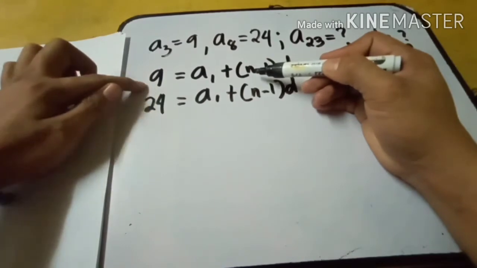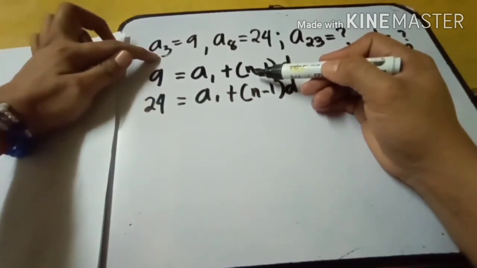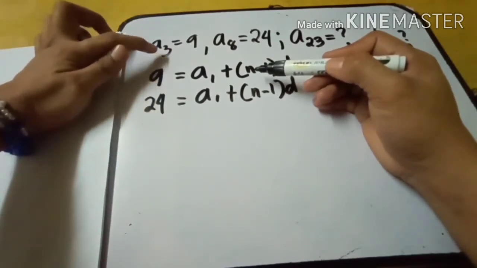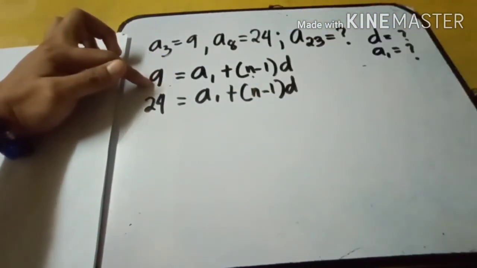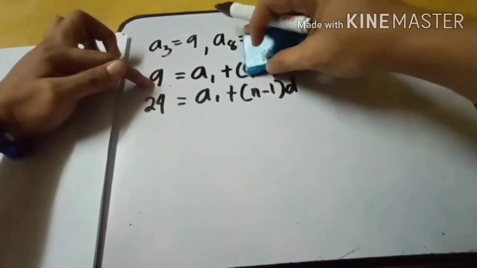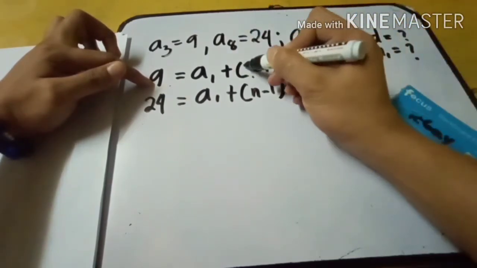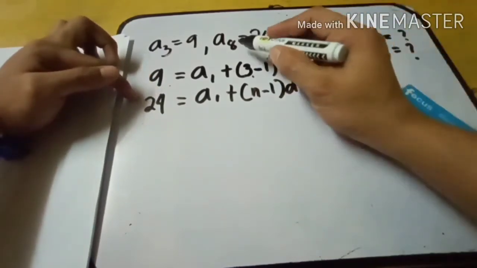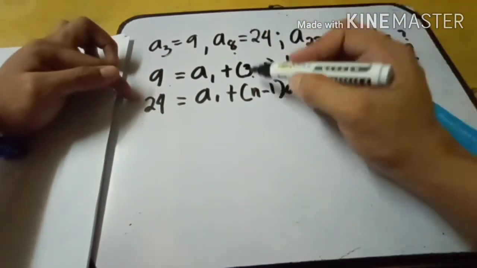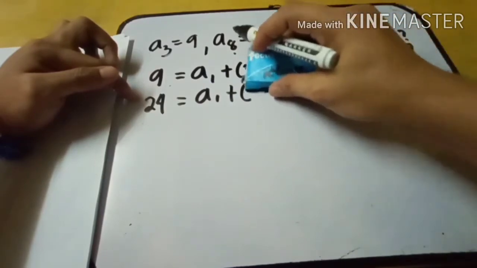So our 9 refers to the third term. In this example, the third term is 9. So let's substitute here n as 3. Then the 24 refers to the 8th term. So therefore, our n here is 8.